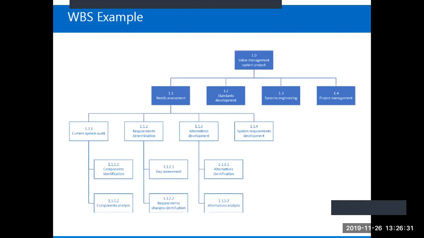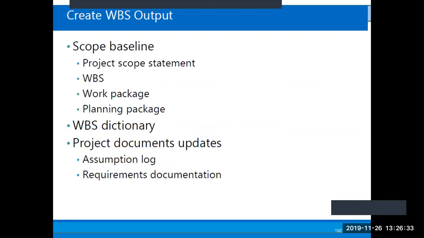Okay, now the output of work breakdown structure is what? The scope baseline. The scope baseline includes the project scope statement, work breakdown structure, and work breakdown structure dictionary. Well, you can as well add this one, work package and planning package.